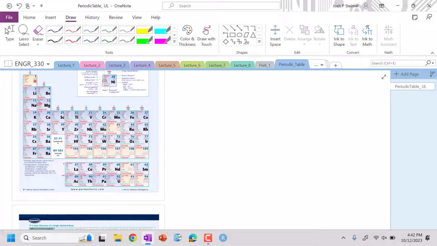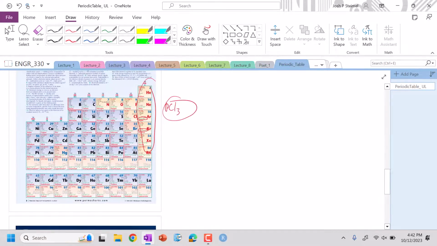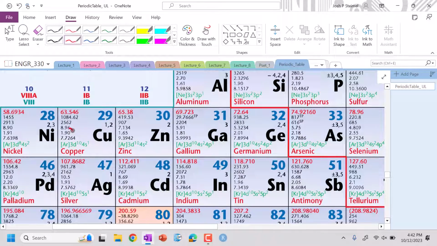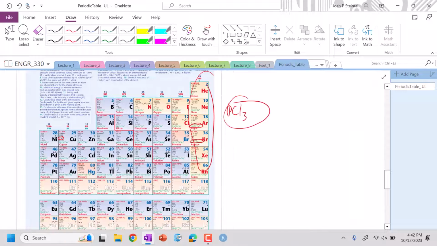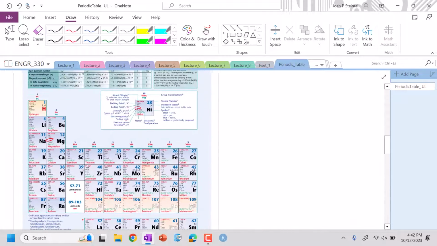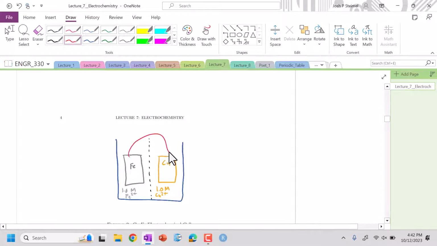Where is our copper? Copper electronegativity is 1.9. Copper and iron, I think. Let's look back. Our iron electronegativity is 1.83. So our electrons should ostensibly flow from iron to copper.